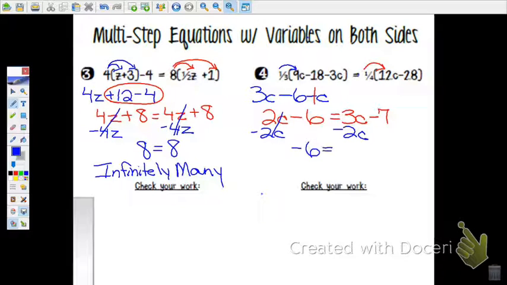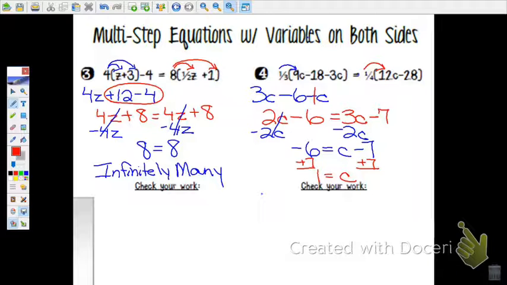Negative 6 equals c minus 7. So I'm then going to add 7 to both sides and find that c is equal to 1.